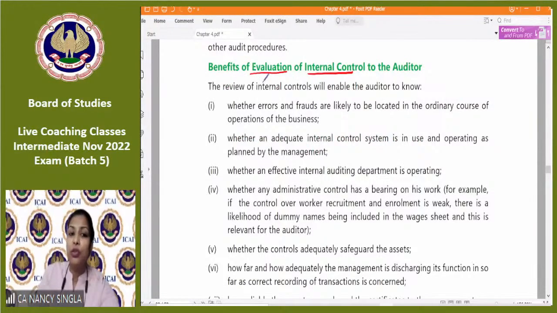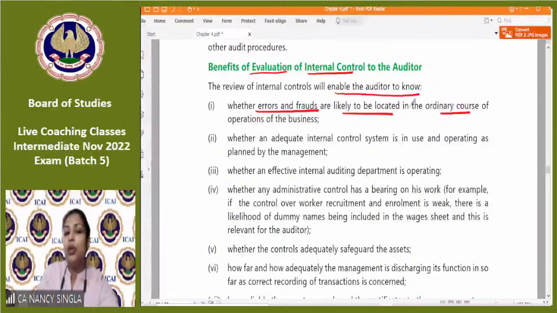So first and foremost, when the auditor evaluates an internal control, it will enable the auditor to know whether errors and frauds are likely to be located in the ordinary course of operations. ठीक है? इंटरनल कंट्रोल की क्वालिटी कैसी है, क्या ये एरर्स एंड फ्रॉड्स को डिटेक्ट कर पाएगा टाइमली बेसिस पर, है ना?